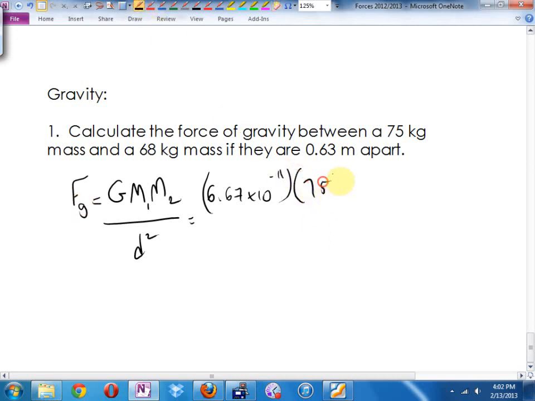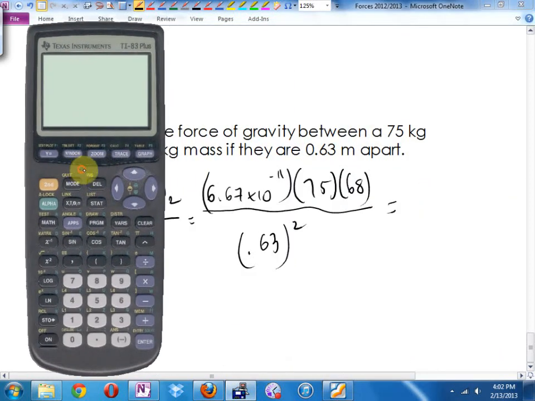Mass 75, mass 68 divided by 0.63 squared. When you do it, you should get 8.57 times 10 to the negative 7 newtons.